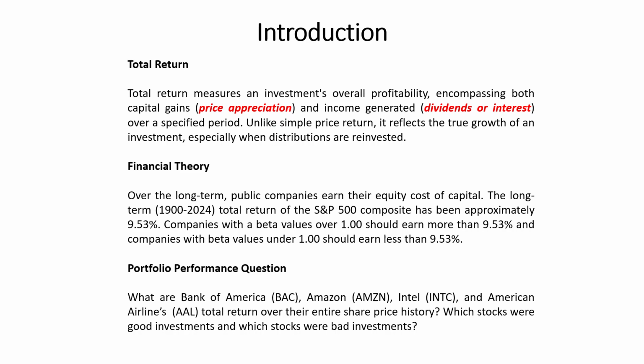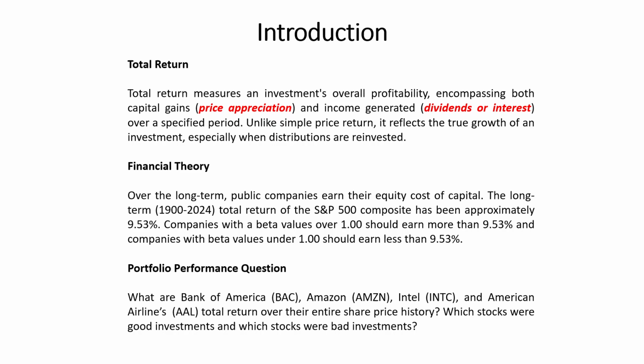Now, according to financial theory, over the long term, and this is something we discussed in Valuation Basics, public companies earn their cost of capital. And what that means is if I have a cost of capital of, let's say, 9%, and I'm earning 15%, the question that you as an investor have to ask is, given the competition that this company faces, wouldn't a 15% total return versus a 9% total return, which is the market total return, attract competitors?